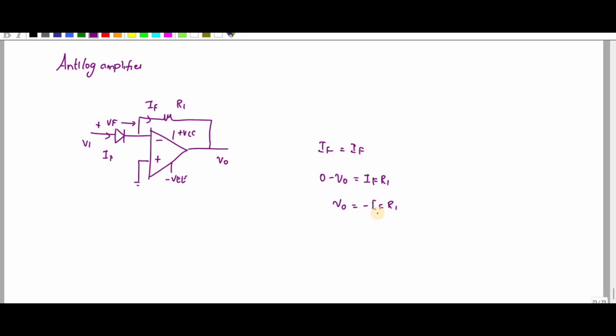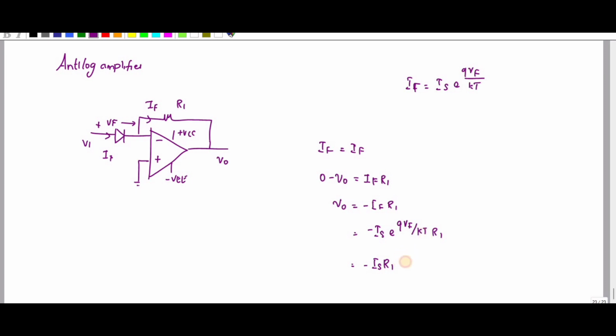So what is the value of IF? You know that IF is equal to IS e power QVF divided by KT, right? So I can substitute this, and V0 is equal to minus IS RF e power QVF by KT.